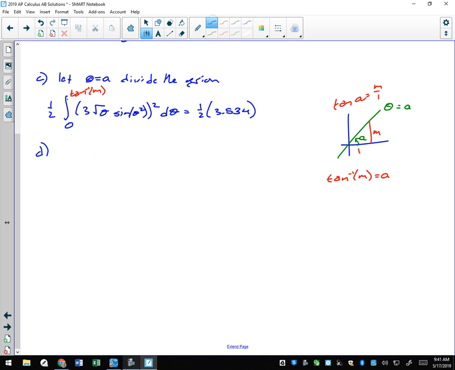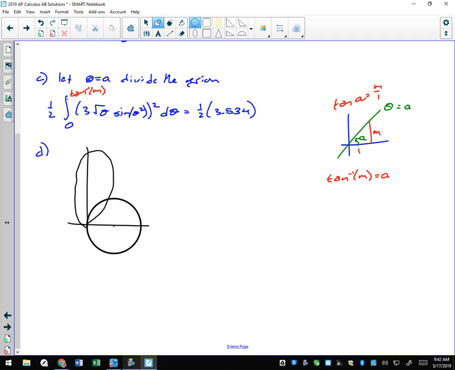So I'm going to draw this really quick. The region S given to us looks kind of like a teardrop up here. So there's my S. R equals K cosine theta is going to be a circle that goes out like this, where K is going to be the diameter.